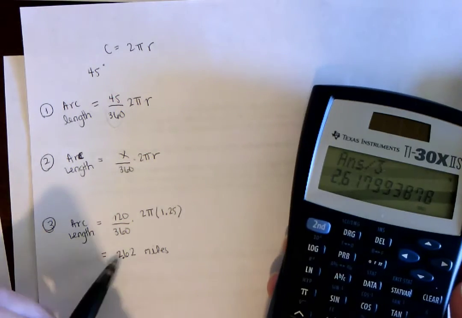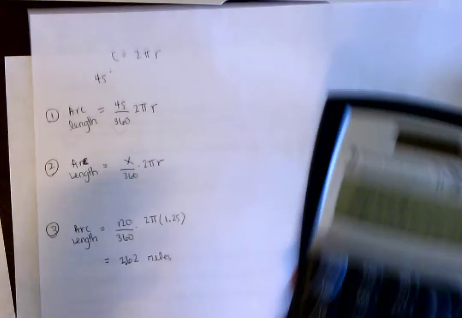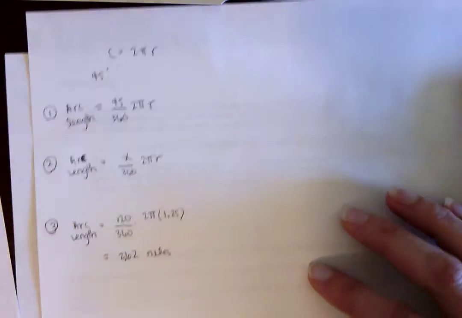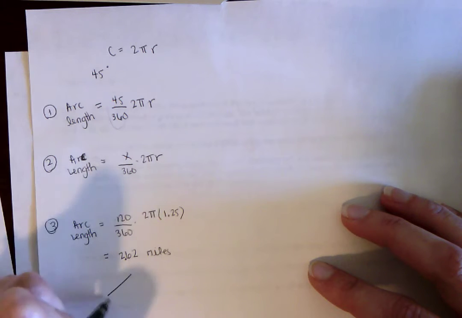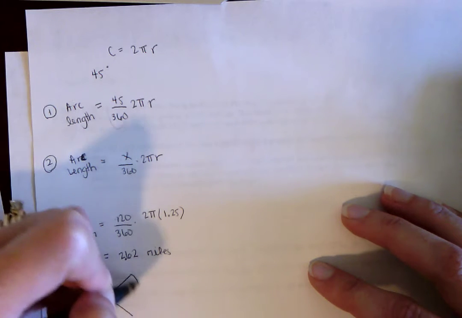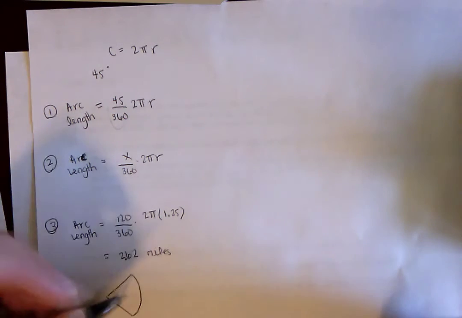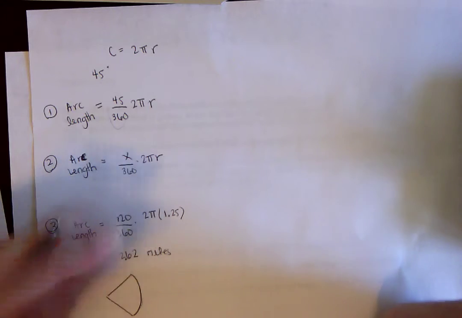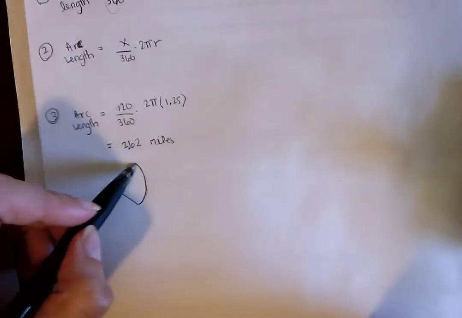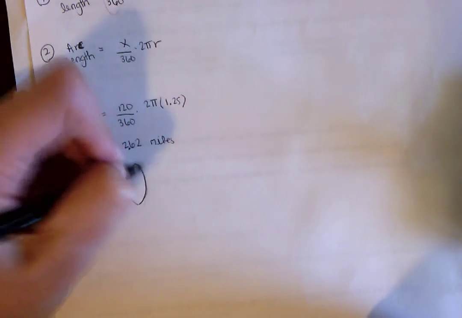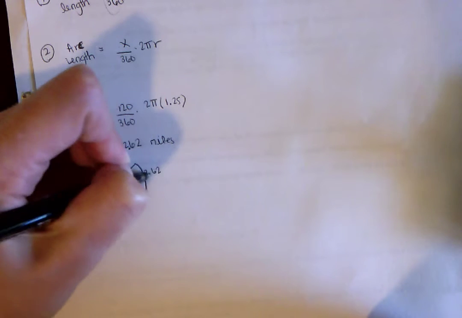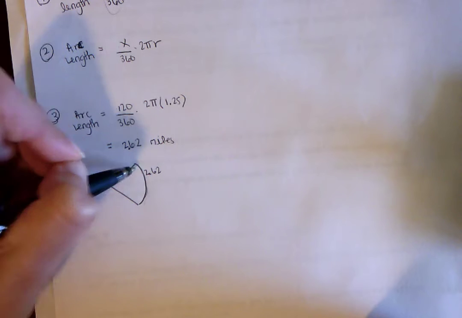So that's the arc length, but it asked for how much rope you're going to need. Remember, if you're splitting your section off, we just found this curved amount here. We found this arc length right here. So this right here is 2.62 miles going around here.